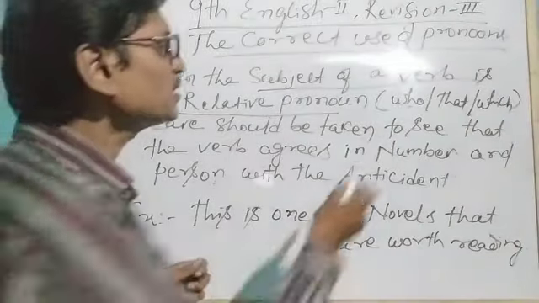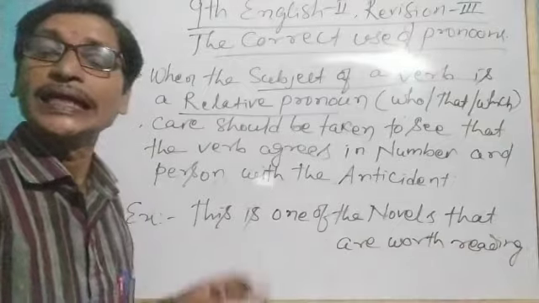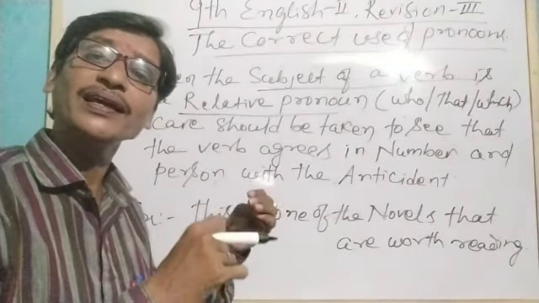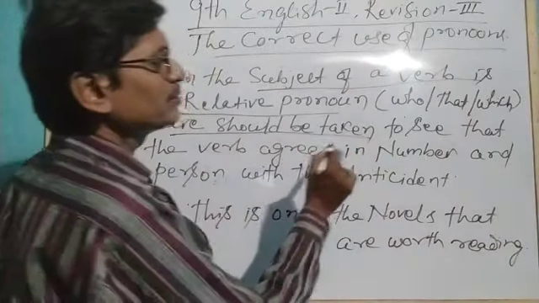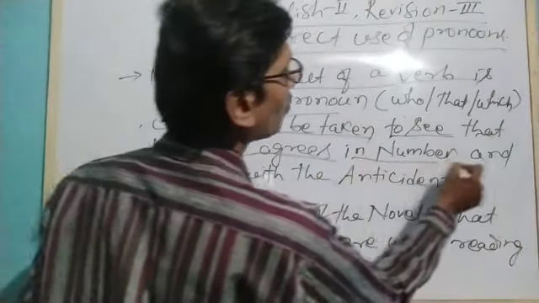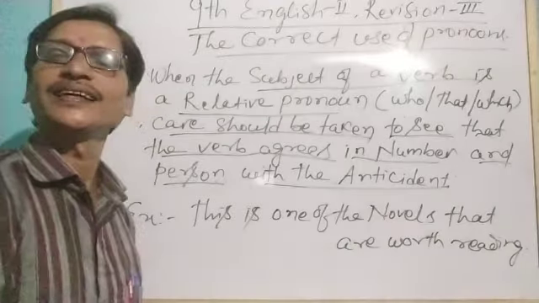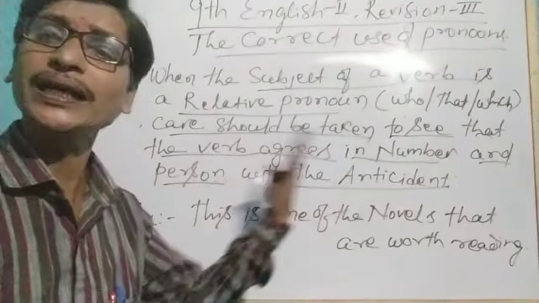Relative pronoun means who, that, which, these are the relative pronouns. If the subject of a verb is a relative pronoun, care should be taken to see that the verb agrees in number and in person with the antecedent. Antecedent means before that. The pronoun should agree with this.